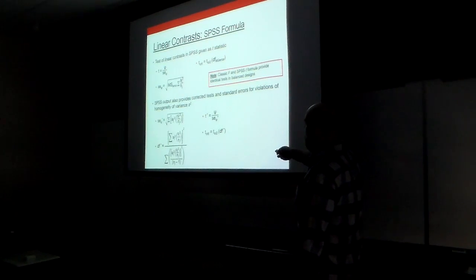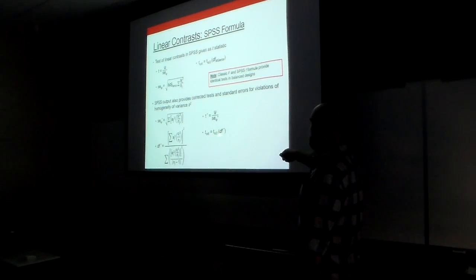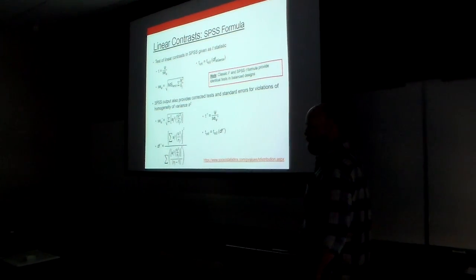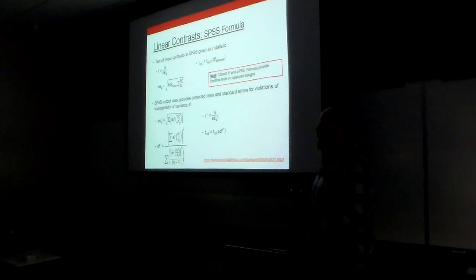My test statistic is just, once again, going to be the value of my contrast over my modified standard error estimate. My T critical is just going to be my T for my two-tailed test for my corrected degrees of freedom here. Okay, and if you want to get corrected degrees of freedom, the t-value calculator that we use sometimes won't handle this, since it will often be a decimal.